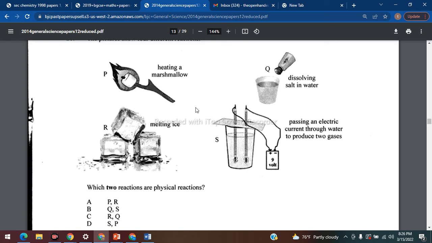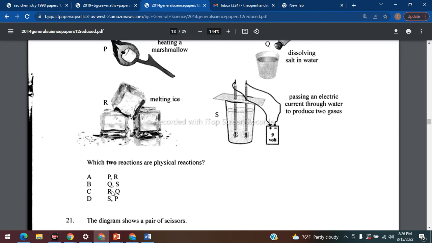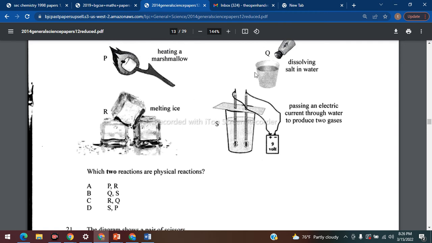So two components of chemical change are that they're irreversible and you produce something new. But physical changes are reversible. We could reverse them and nothing new is formed. This is still water, still salt and still water. So that's physical changes. These are chemical changes. Okay? So the correct answer is C, R and Q.